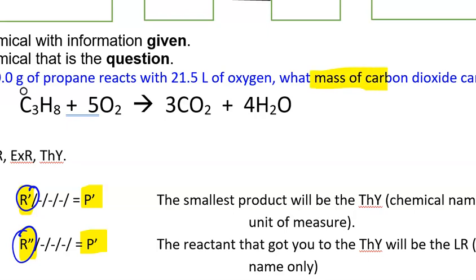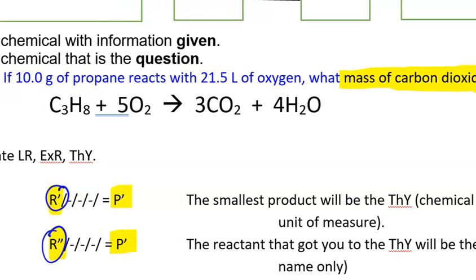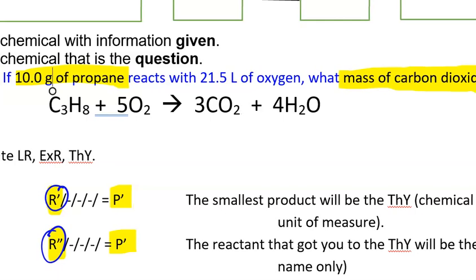So we're going to get a mass of carbon dioxide for both of them. So we're going to do 2 conversions, one from the grams of the propane given to the mass of the carbon dioxide. And the other one, you're going to go from the liters of oxygen and then also go to the mass of carbon dioxide. So we'll have 2 carbon dioxides on the bottom.